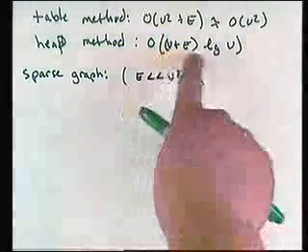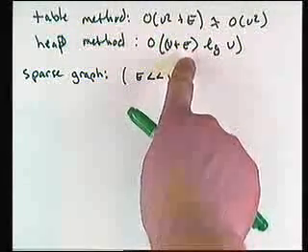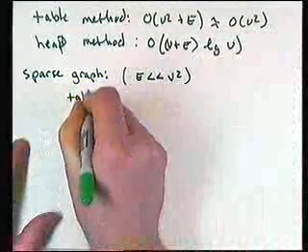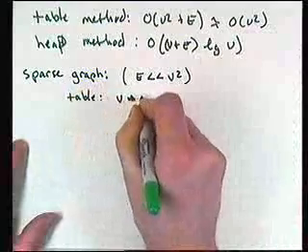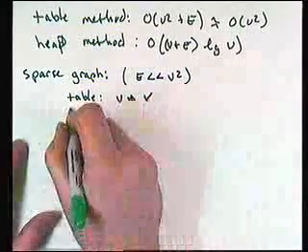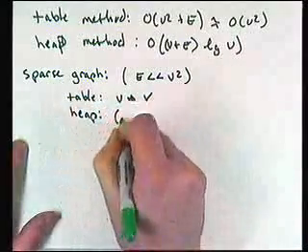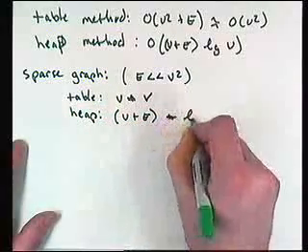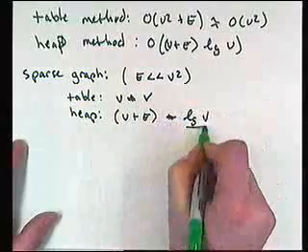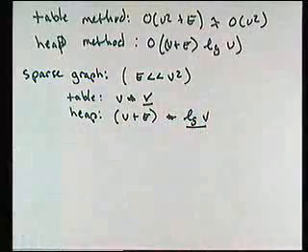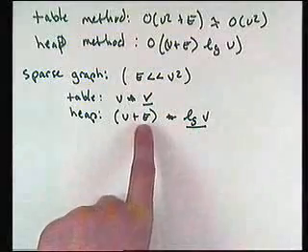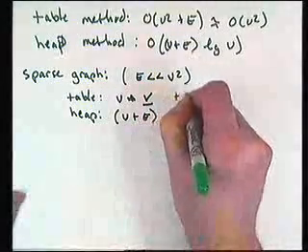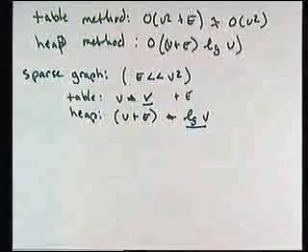And so if E is much less than v squared, the table gives us v times v, and the heap method gives us certainly v plus E, but times log v. And the fact that this is so much less than that is going to offset the fact that now we have the edges added in here as well. Keep in mind, this is going to be really plus E anyway, but that's not really going to factor into it too much.